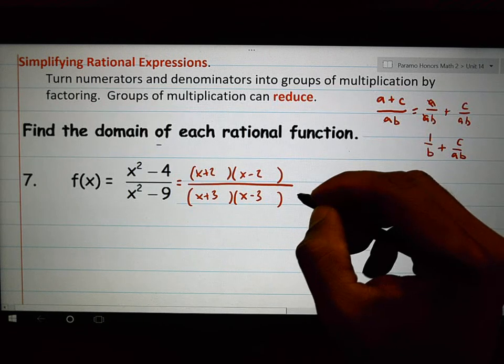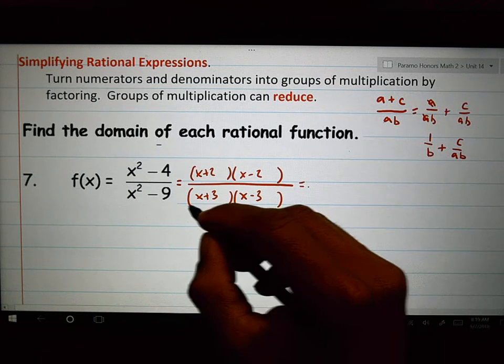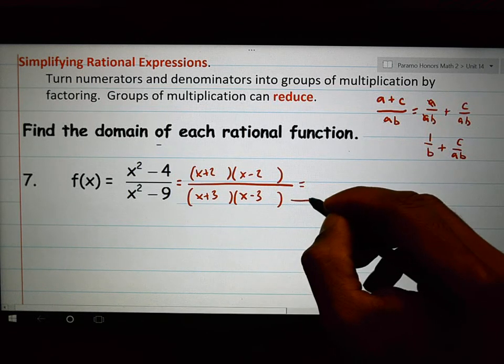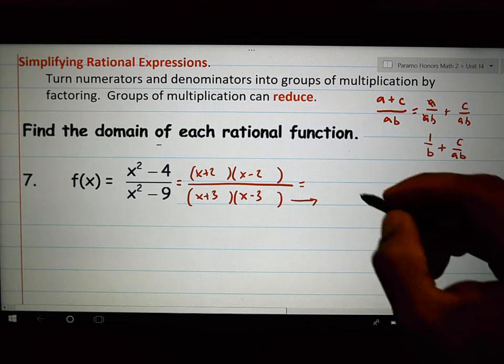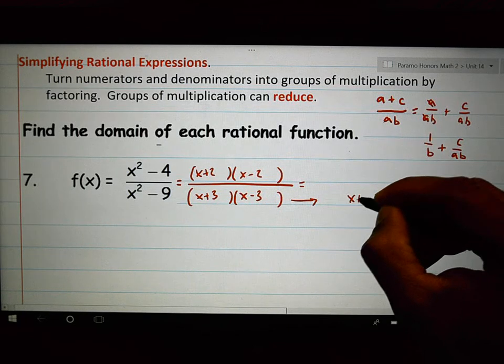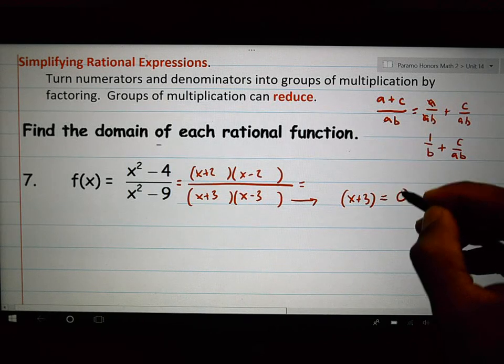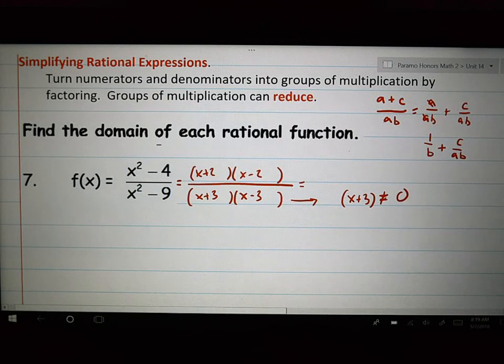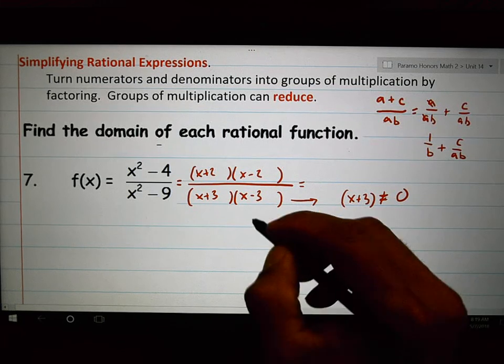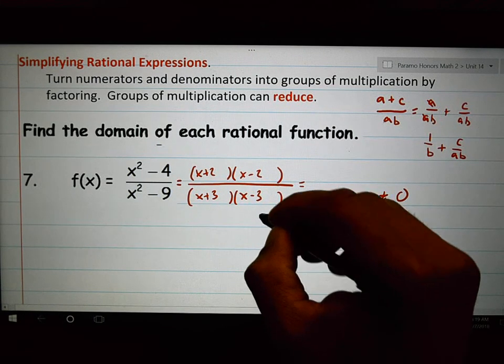So here's what we're going to do. I can have all reals except where the denominator equals 0. I can have all real numbers except where x plus 3 equals 0. It cannot equal 0. The x minus 3 cannot equal 0 either.